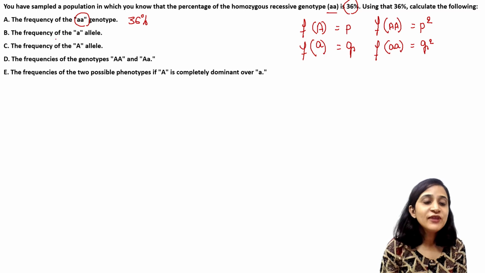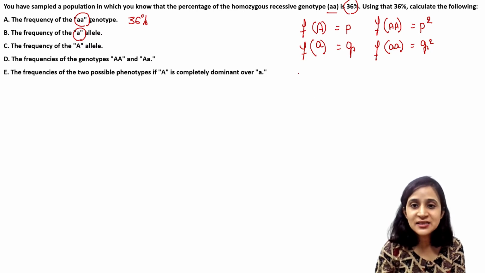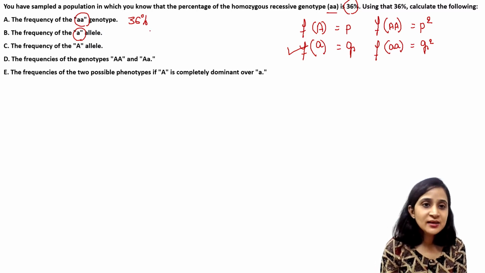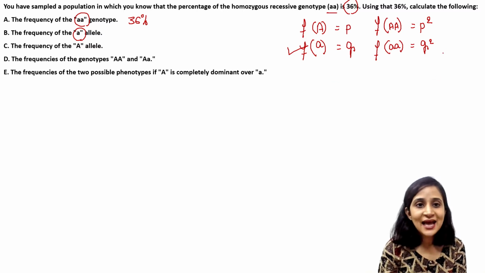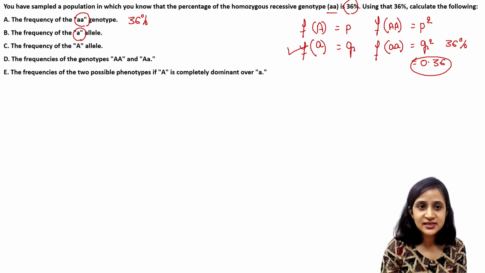Next, B, the frequency of the small a allele. So frequency of small a allele, that means q. q square is given, that is 36%, that means 0.36.